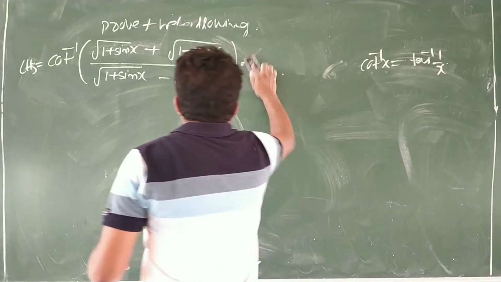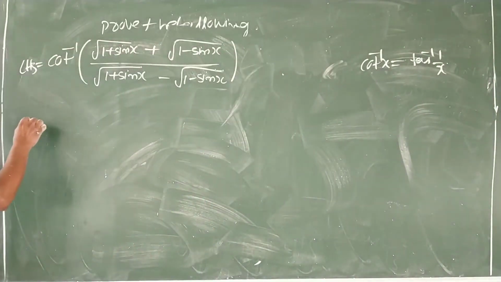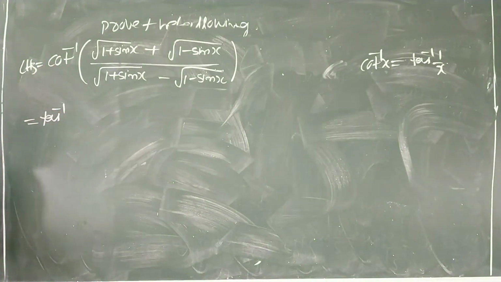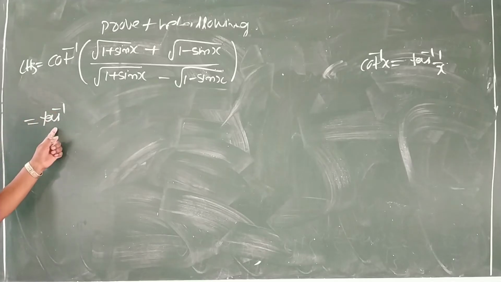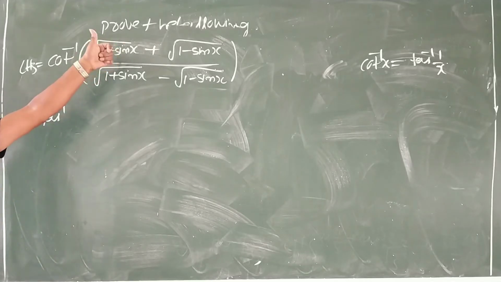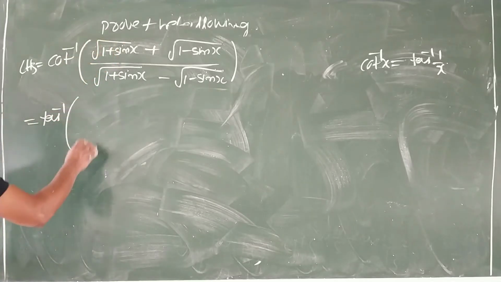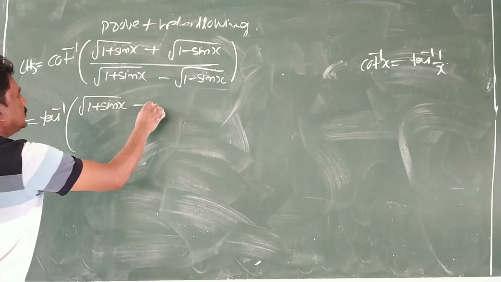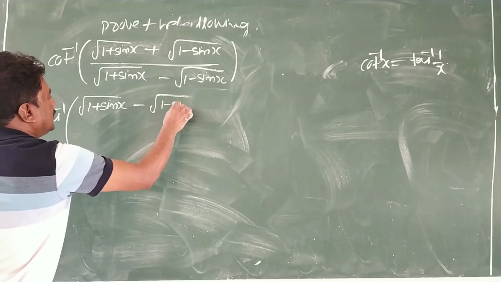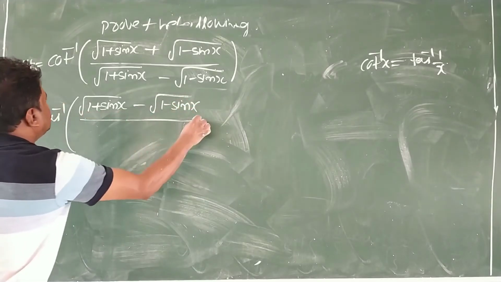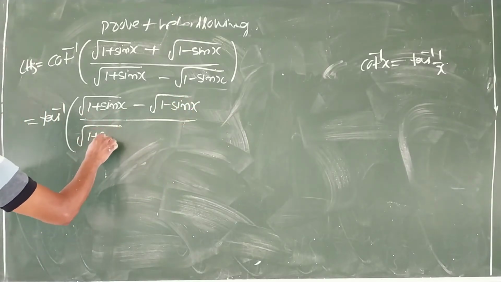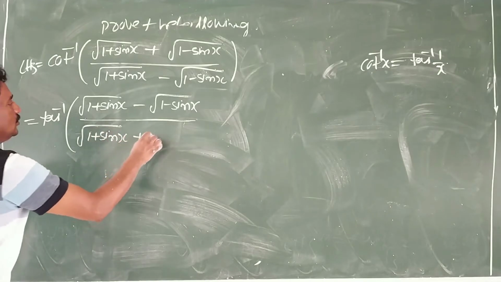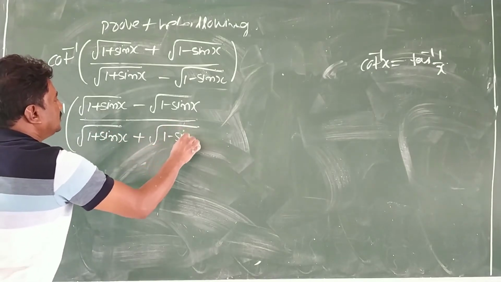So you take LHS and change that into tan inverse. If I wish to change cot inverse into tan inverse, I should go for reciprocal, reversing. So do that, students: root of 1 plus sin x minus root of 1 minus sin x by root of 1 plus sin x plus root of 1 minus sin x.